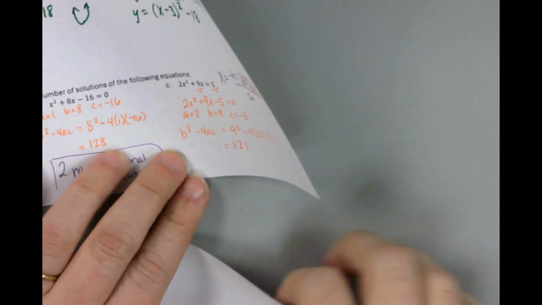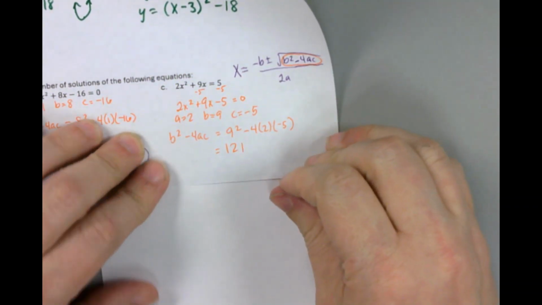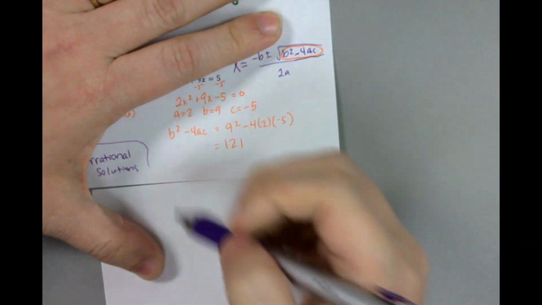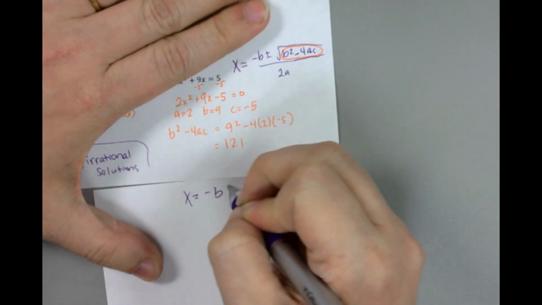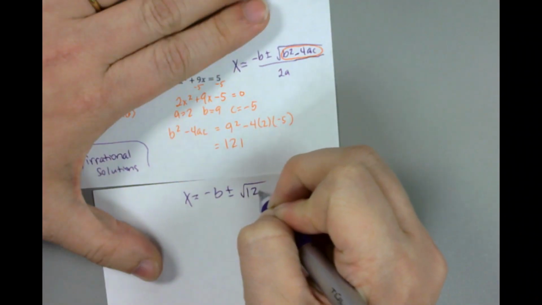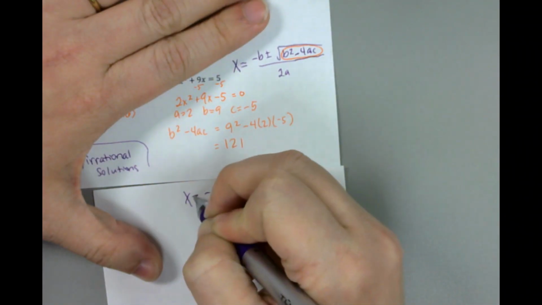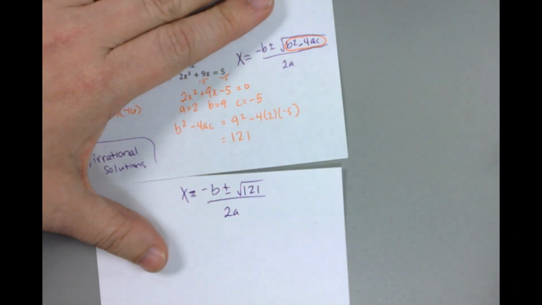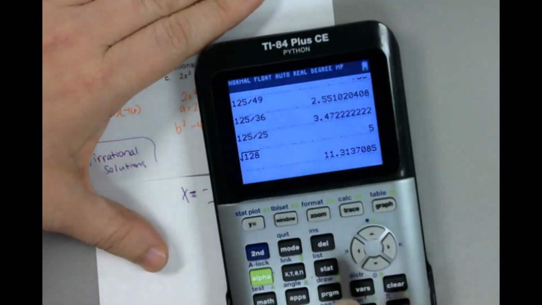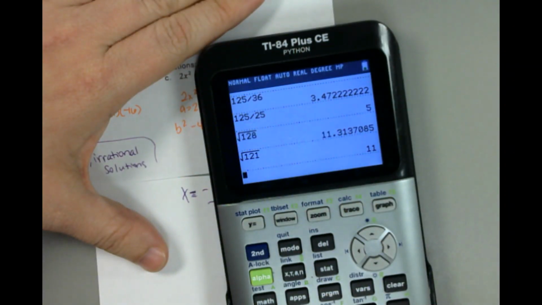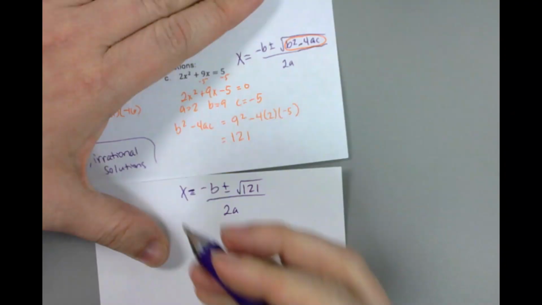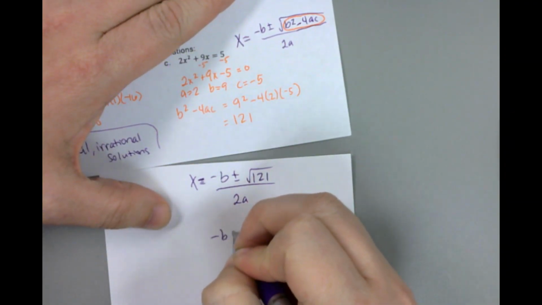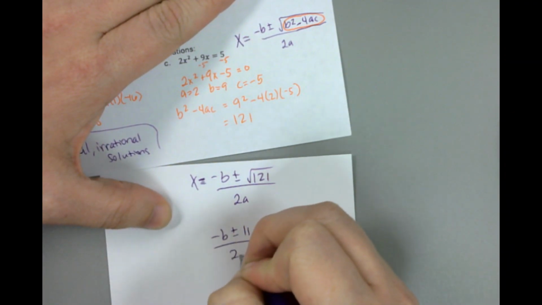So now when I look at my quadratic formula that I want to do, I have x is equal to negative b plus or minus the square root of 121 all over 2a. I can do the square root of 121. It's nice. Square root of 121 is 11. So this is negative b plus or minus 11 over 2a.